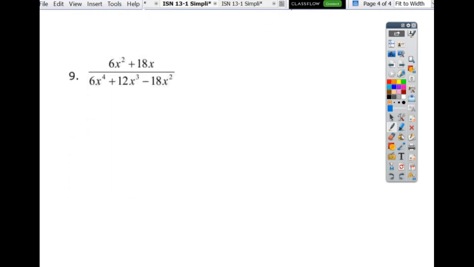Okay, so ask yourself, what do they have in common on top? 6, and what's the smallest exponent on the x's? Okay, so I'm going to take 6x. And then 6 divided by 6 is 1. X squared divided by x leaves me with 1x, right?